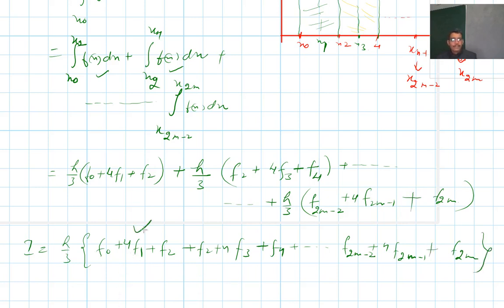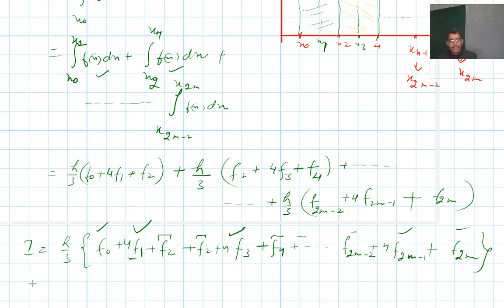Now see, all the terms at odd locations are multiplied by 4, and the even terms are repeating, excluding the end terms.